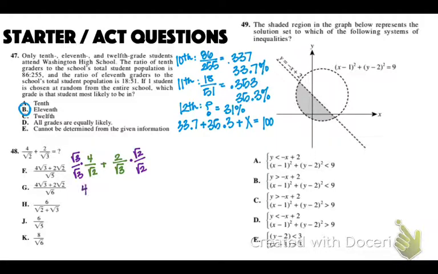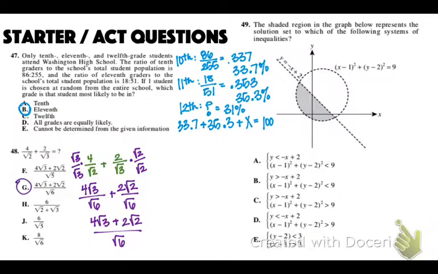So this becomes 4 square roots of 3 over 3 times 2 is 6. And this is 2 square roots of 2 over the square root of 6. We have a common denominator there, so we can just make this one fraction, 4 square roots of 3 plus 2 square roots of 2 over the square root of 6, which is this one right here.